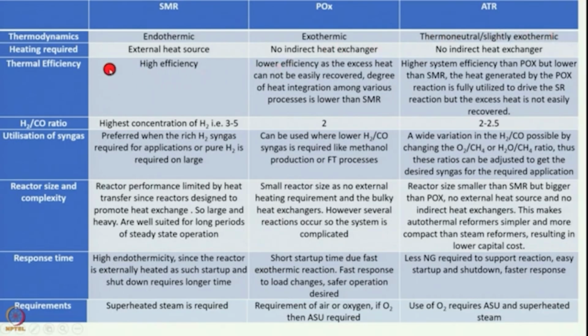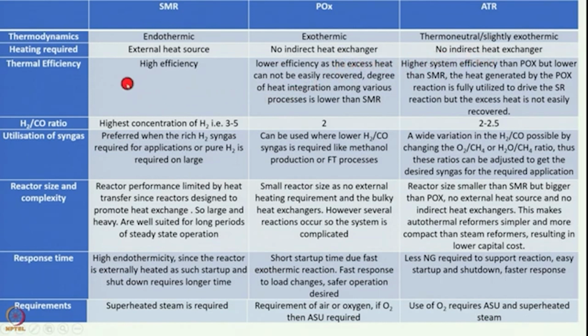In terms of heating requirement, in SMR the reformer tubes filled with catalyst are externally heated, and in partial oxidation there is no such indirect heating involved. The heat required for the endothermic reaction is generated within the reactor itself, and the same is true for autothermal reforming.